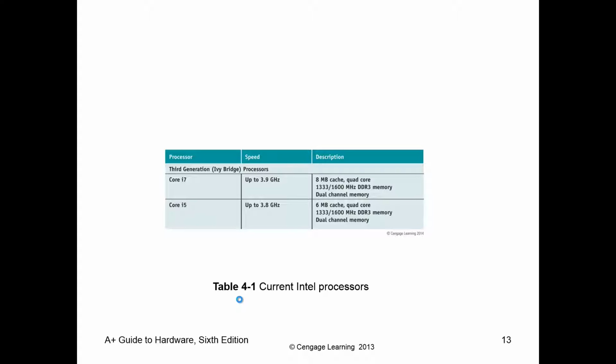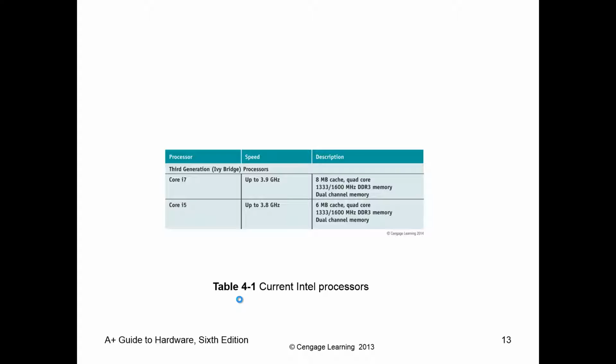So we call that a processor family. And that is the speeds of the processor, up to 3.9 gigahertz. But the important thing here is how much cache the processor has. Notice it has 8 megabytes, not bits, but bytes.